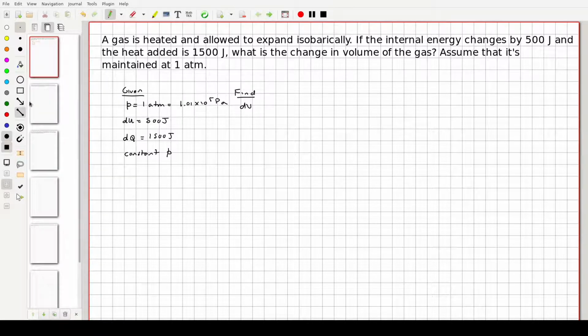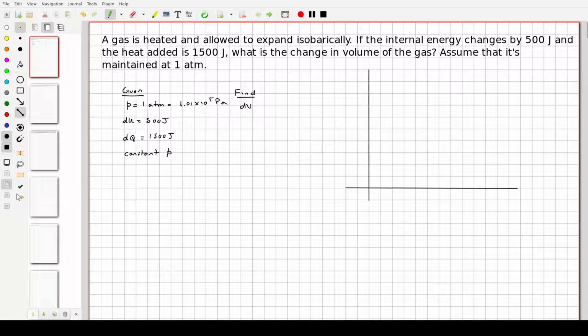Before we get started with equations, one thing I would like to do is show you one way that you can treat changes of state in a gas, and that's through something called a PV diagram.